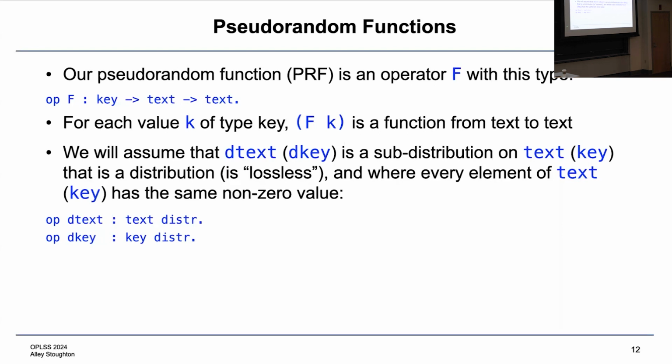These are uniform distributions. So choosing a text value, each of the 2 to the text len different text values are equally likely to be picked, and similarly for keys.